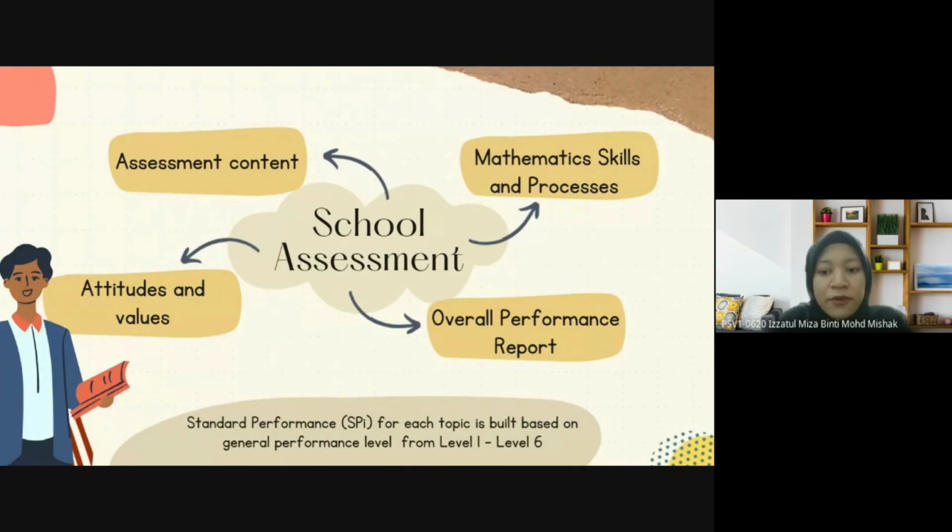Lastly, for the overall performance report, this report will be made at the end of the term, in the middle of the year and at the end of the year of each semester. Teachers should determine the overall performance level of every student in the class or in the school.